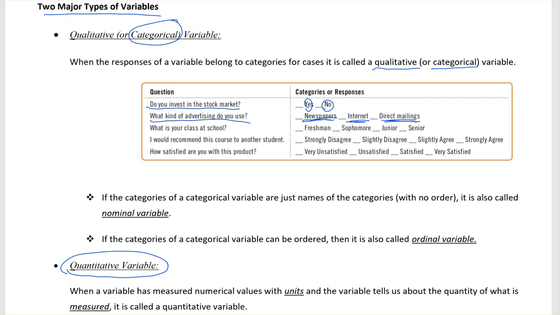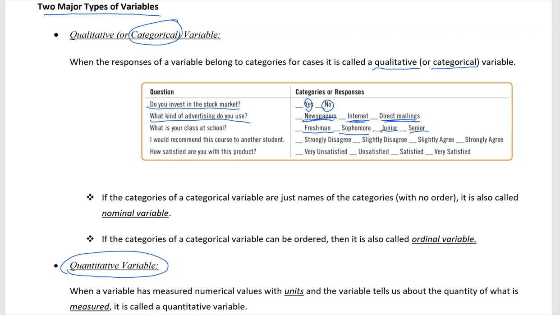Right, another example. What is your class at school? Right, you're either a freshman, sophomore, junior, senior, right? Your response will belong to one of these categories. Got the idea?